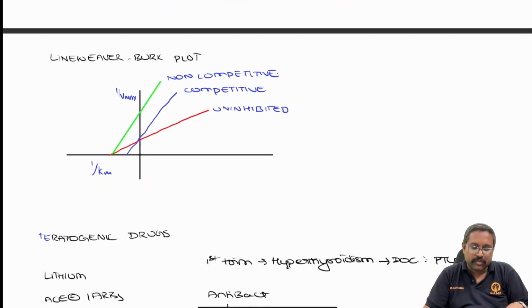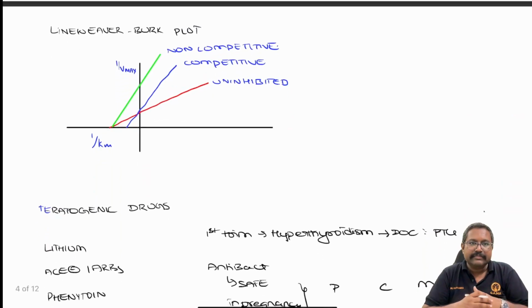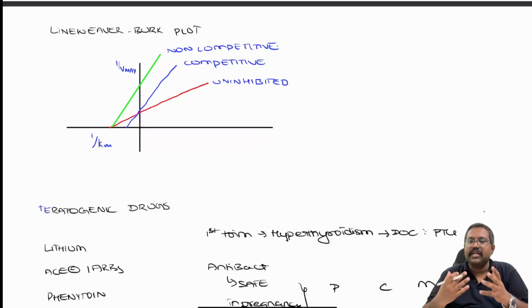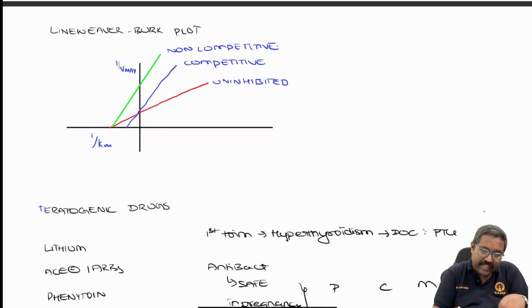Coming to one more diagram, the Lineweaver-Burk plot. This can be a potential MCQ in upcoming exams. What does this graph tell you? If you see this graph, this part is the uninhibited, that means this is the agonist.